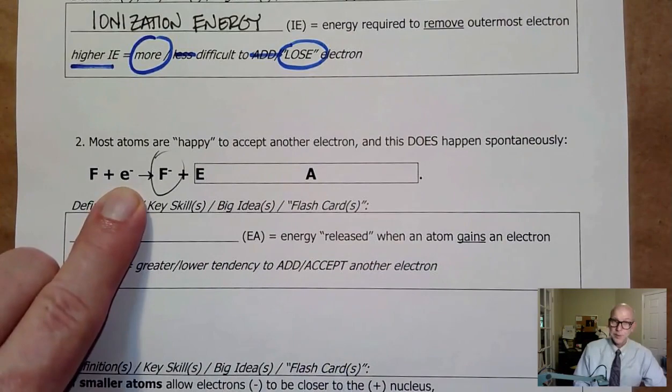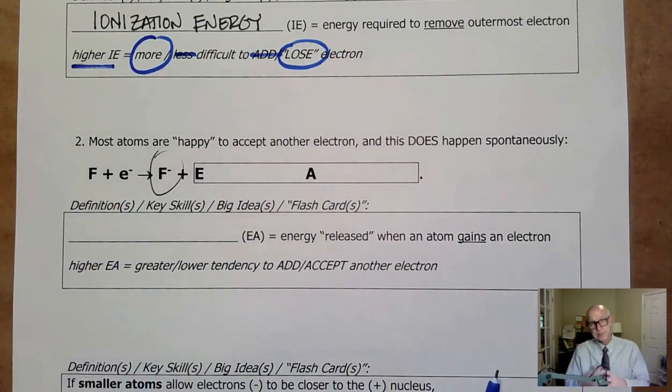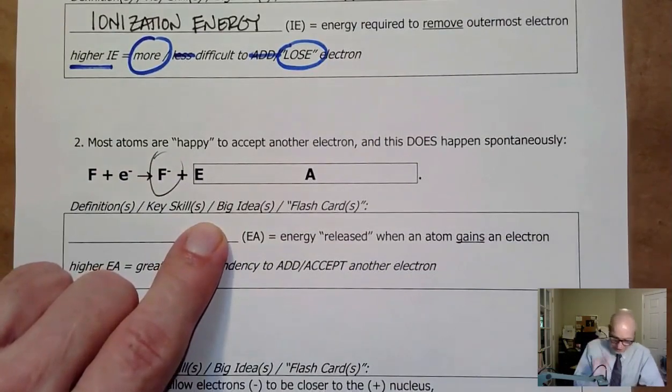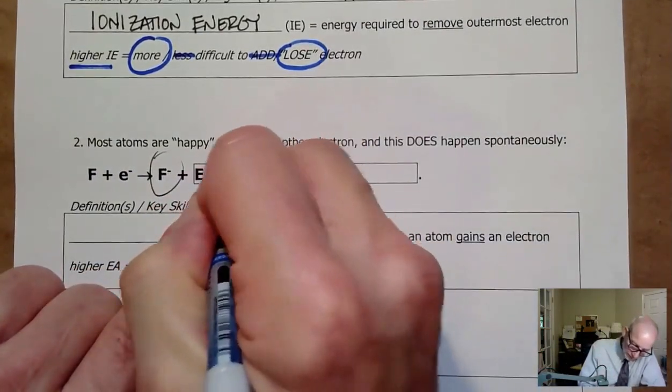Well, if I take fluorine and add an electron to it, fluorine becomes -1, and it actually releases energy. It's so happy it gets to go to a lower energy condition and lose some energy. Remember, nature's being lazy. That energy it loses is electron affinity.